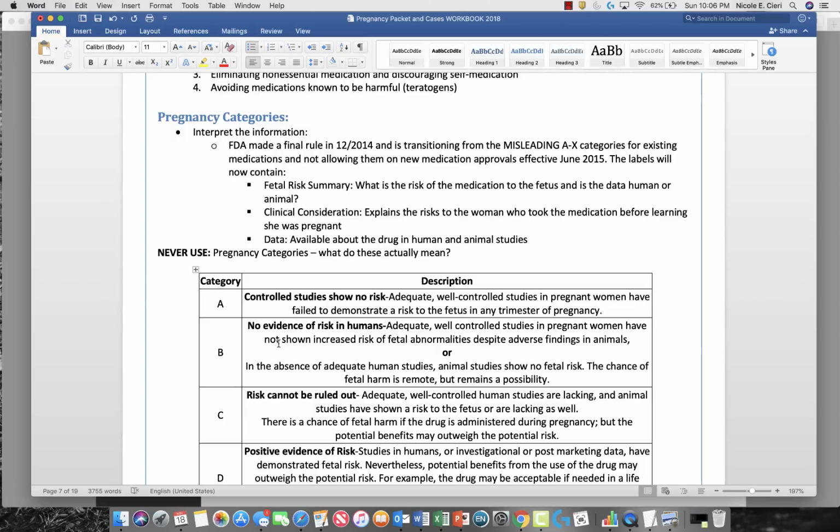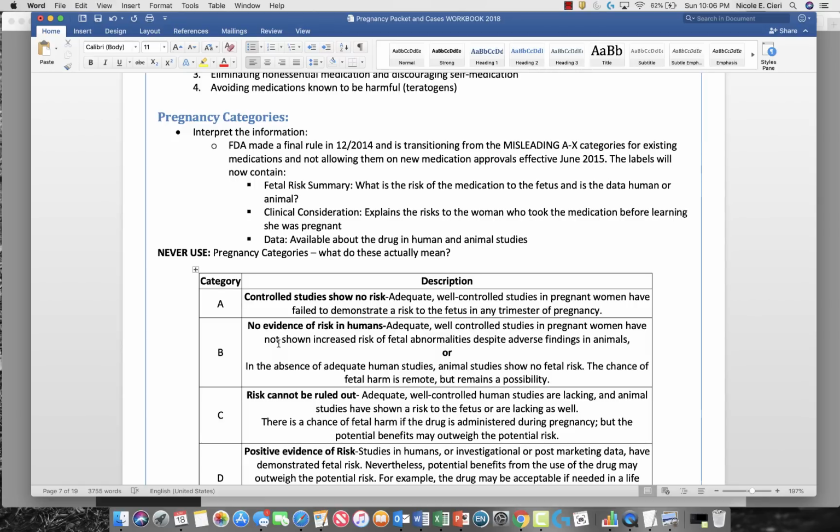But then in 2014, the FDA made a final ruling that they were going to eliminate those pregnancy categories and that labels should now contain a fetal risk summary, so a summary of all the risk data of the medication to the fetus, all data human or animal, with clinical considerations that explains the risk to women who took the medication before learning that they were pregnant, and any data that's available either in human or animal studies. So this new ruling applies to all new medications, and then old medications had to update their monographs as well.